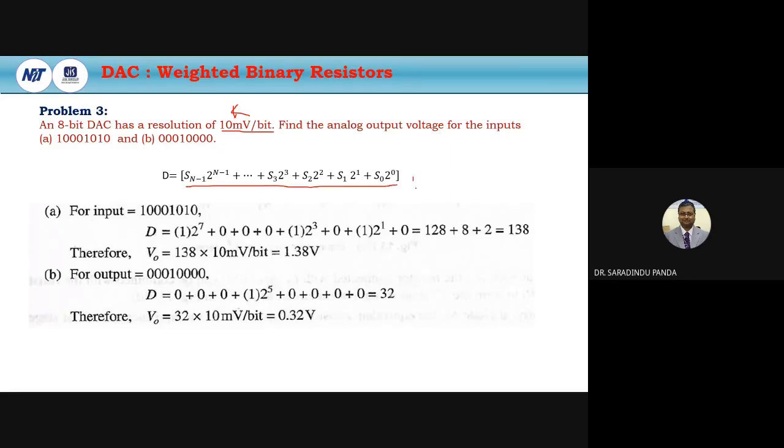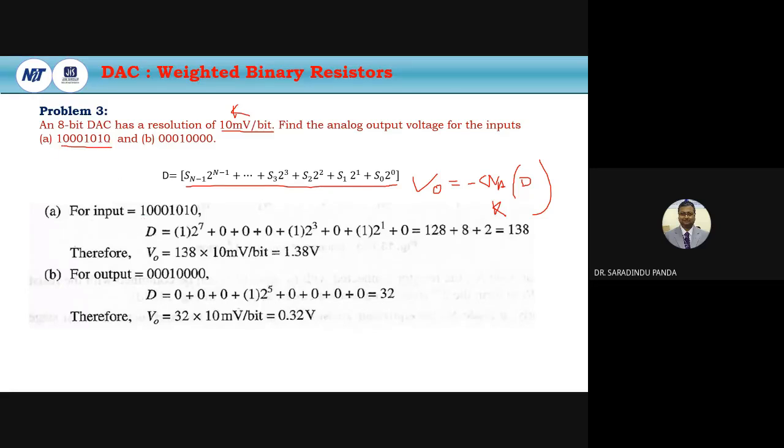So V0 is equal to minus delta VA or K into D. D is this, the weighted output. So put the value of D for the input given here.